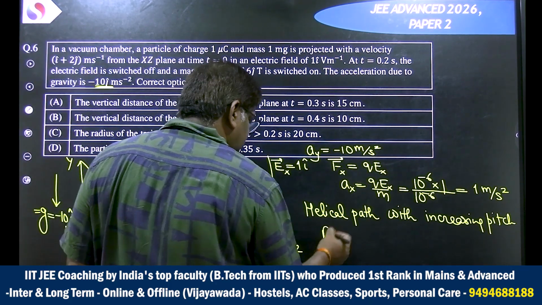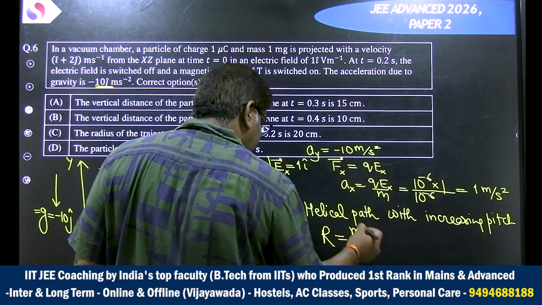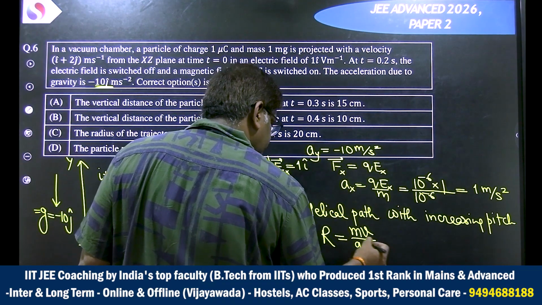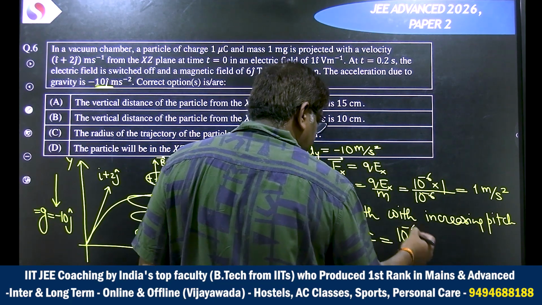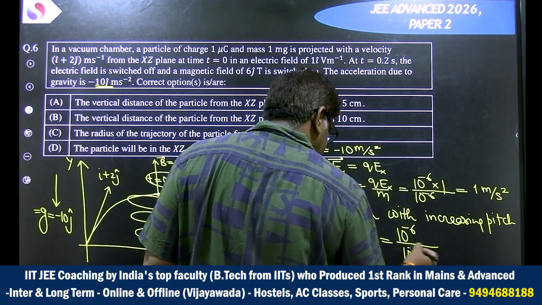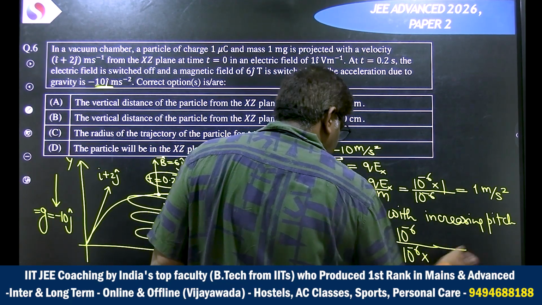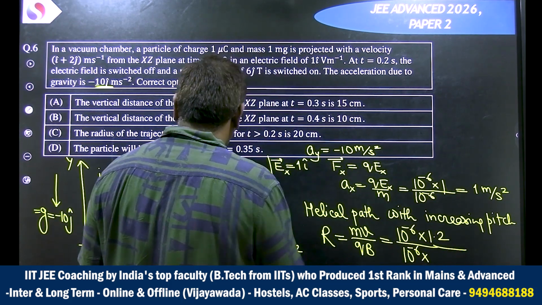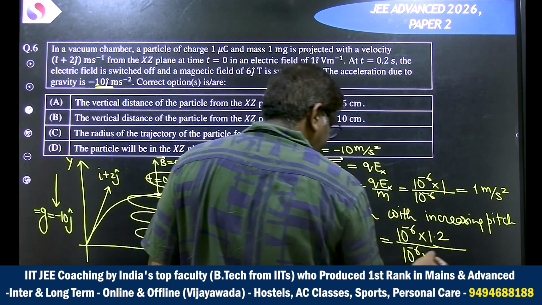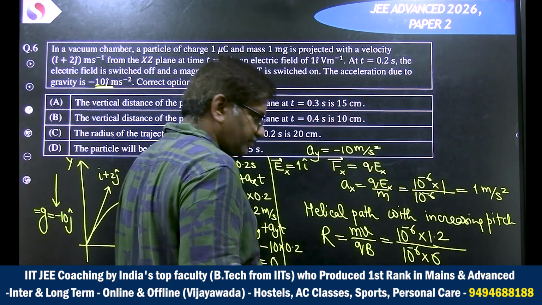The radius of this helical path will be mv by qB, which we can calculate as 10 to the power minus 6 kg upon 10 to the power minus 6 coulombs. Velocity will be 1.2 and B is 6.